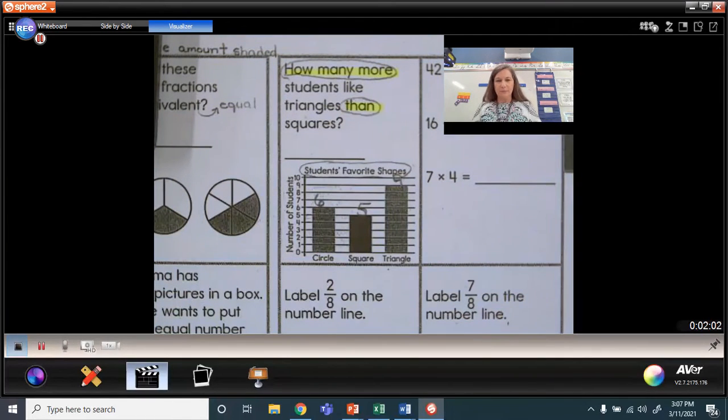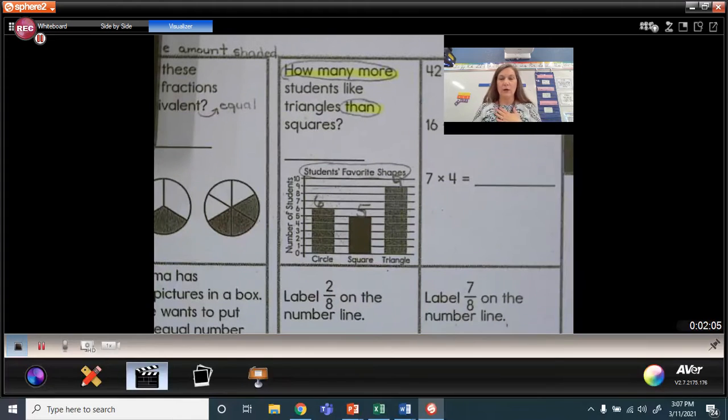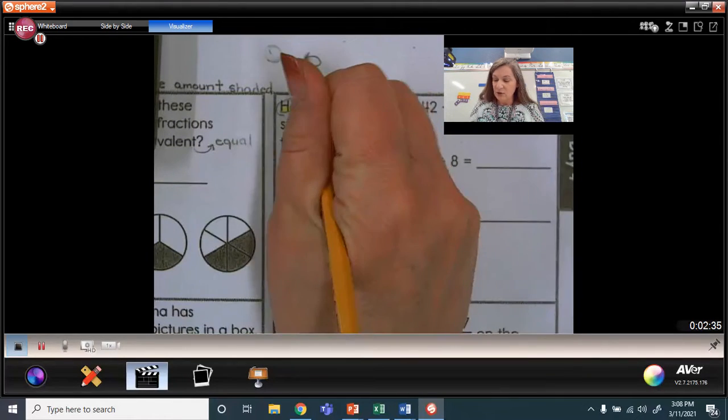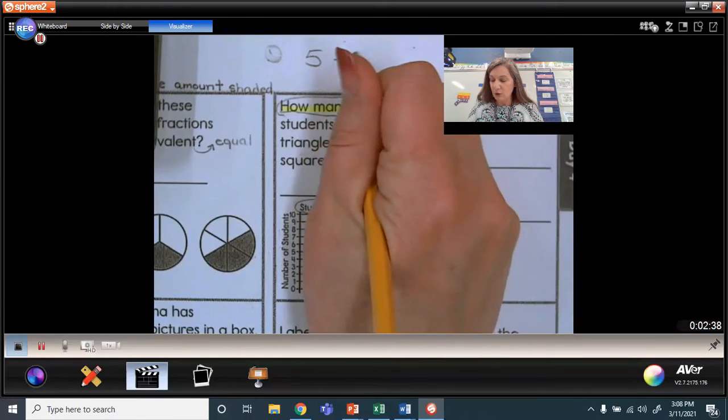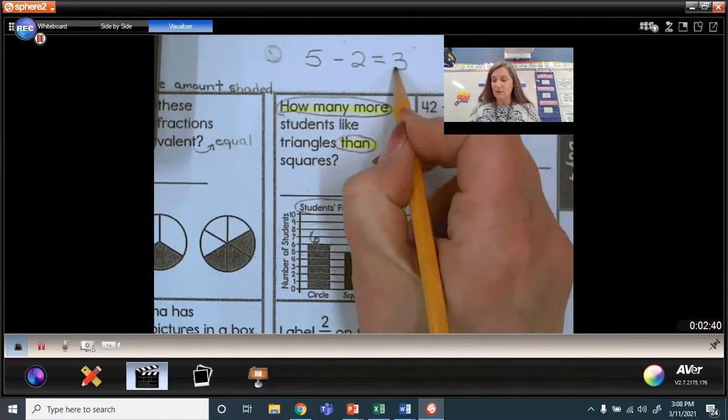So for example, if I had 5 oranges and you had 2 oranges, how many more oranges would I have than you? So if I have 5 oranges and you had 2, how many more would it take to catch up to the number of oranges that I have from 2? Now, if you said 3, that would be correct, which means that we're using subtraction here. So my 5 compared to your 2 makes a difference of 3.